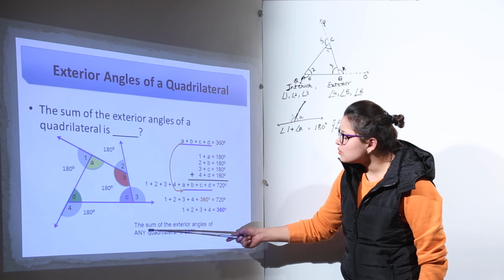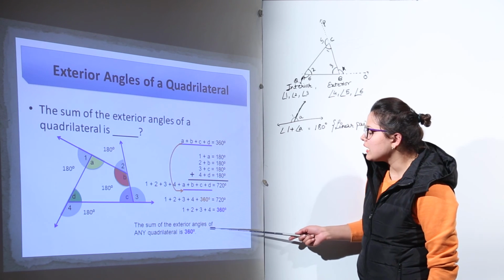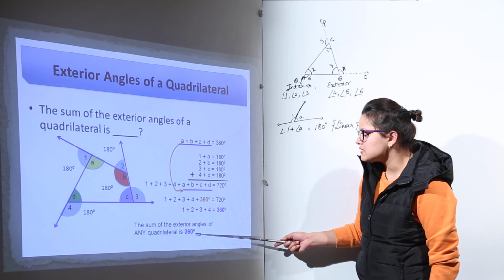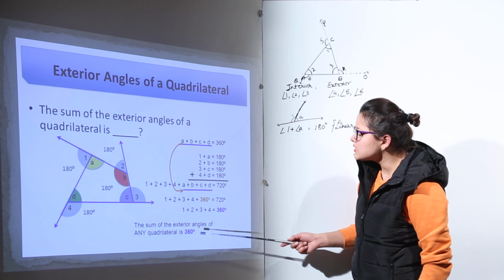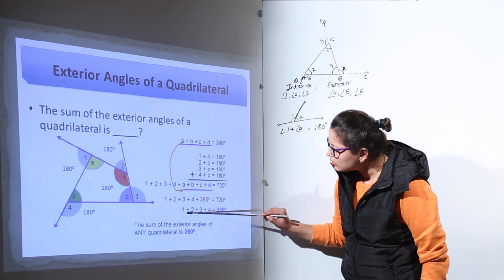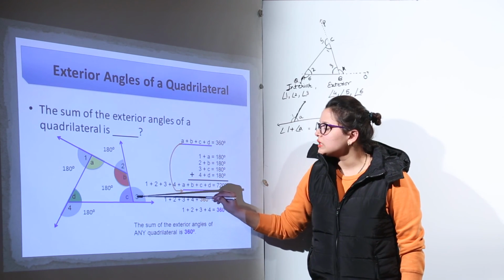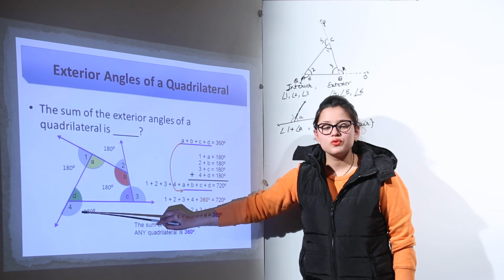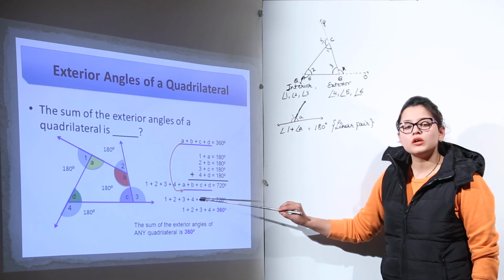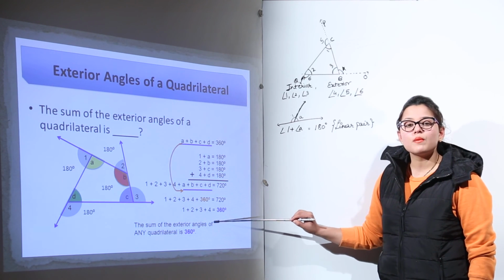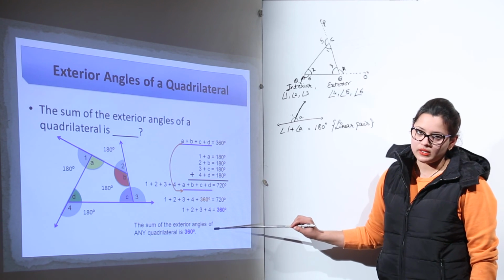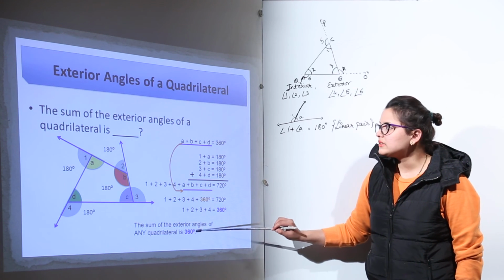And here, we get the sum of exterior angles of any quadrilateral as 360. Why 360? Because here we have got 1 plus 2 plus 3 plus 4. Since 1, 2, 3 and 4 are the exterior angles of a quadrilateral, the sum of 1, 2, 3, 4 will be called the sum of exterior angles of a quadrilateral. That will be equal to 360 degrees.